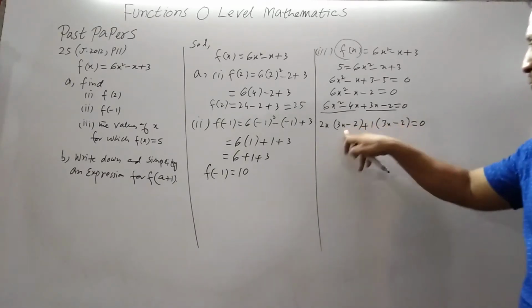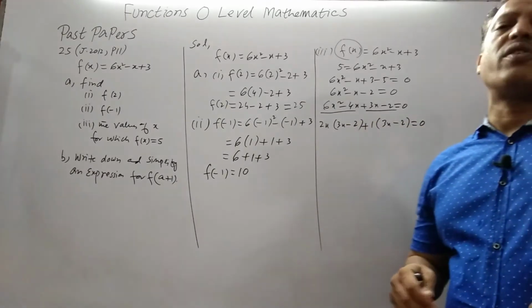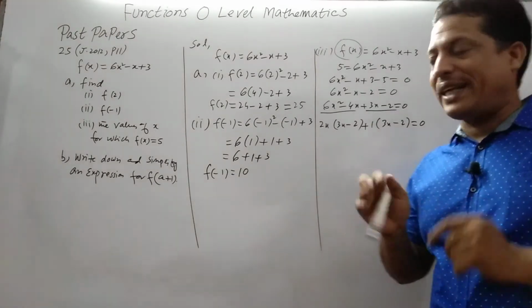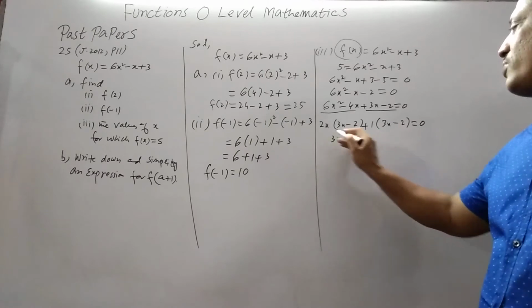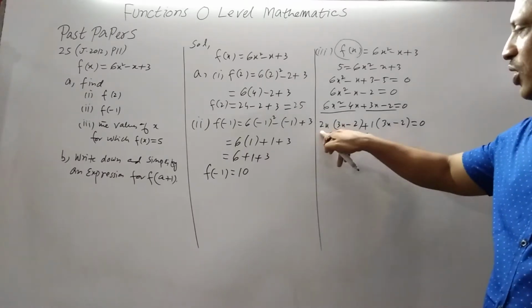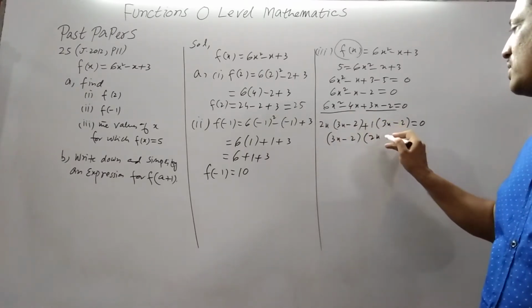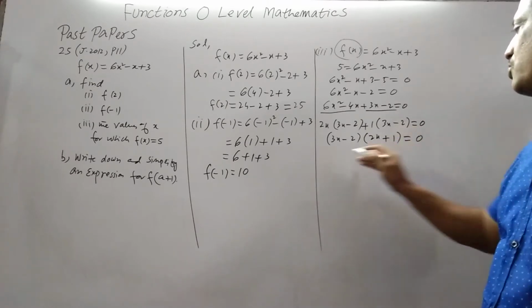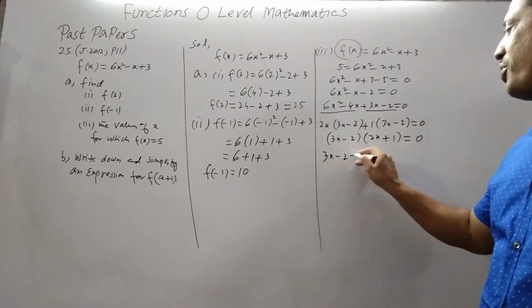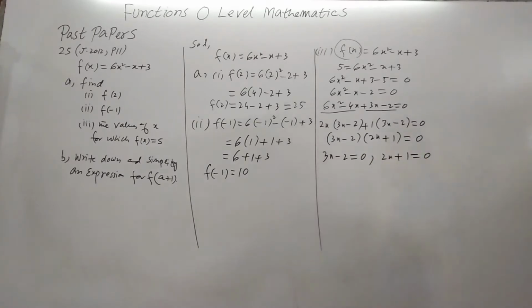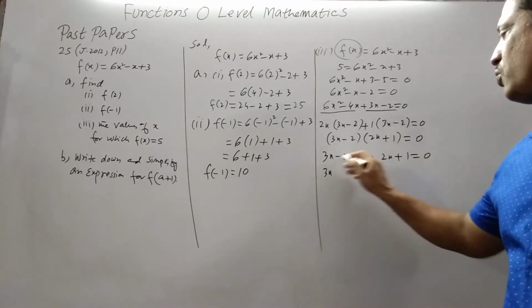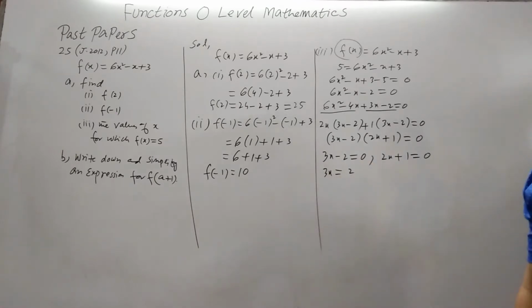If these two brackets are the same, it means your factorization is 100% correct. So you see 3x minus 2 is the same, and you just write 3x minus 2 one time. What is left over here is 2x, and what is left over here is plus 1, equals 0. This implies that 3x minus 2 is equal to 0, or 2x plus 1 is equal to 0. Now for 3x, move this minus 2 to the other side, it becomes plus 2.